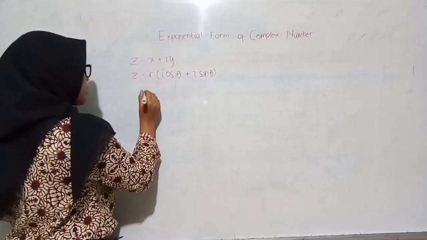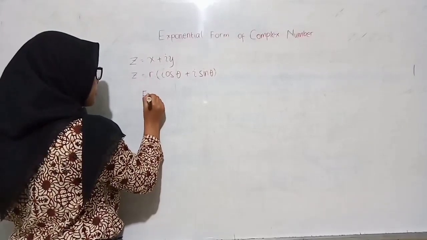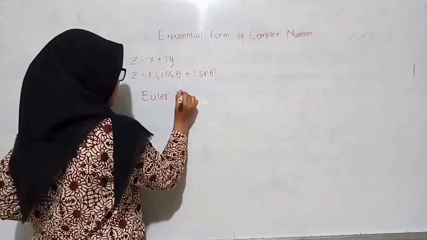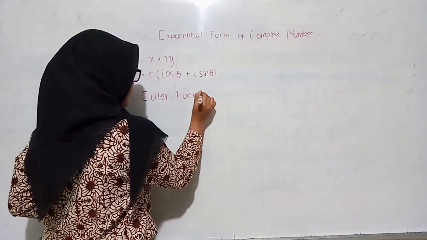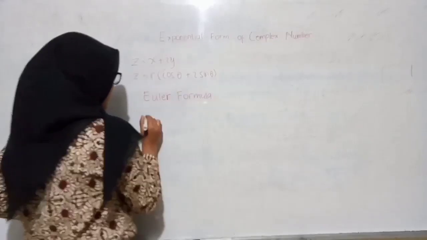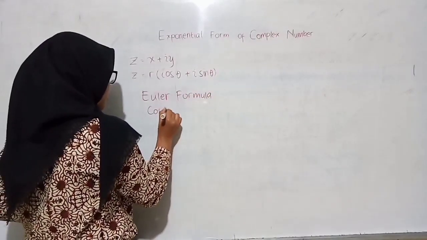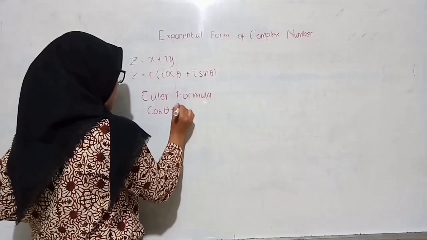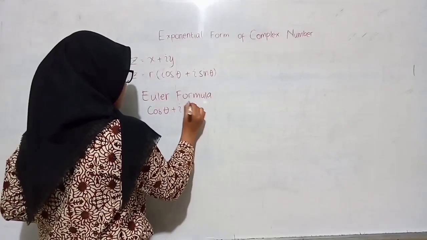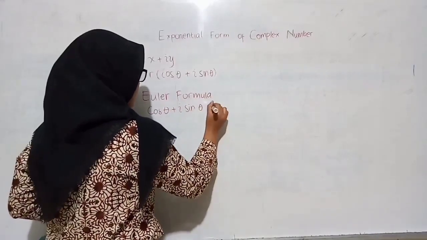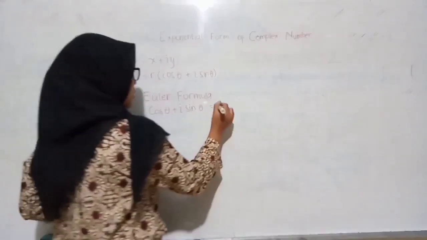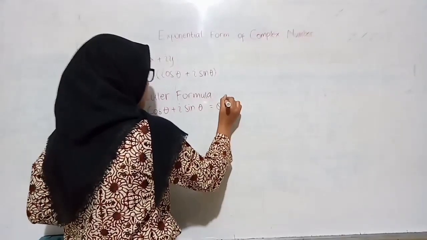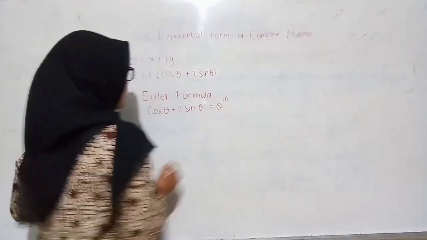The formula is like this: cos theta plus i sin theta equals e power i theta.